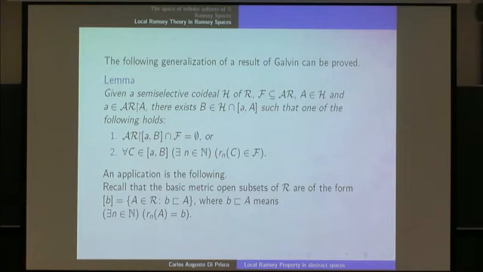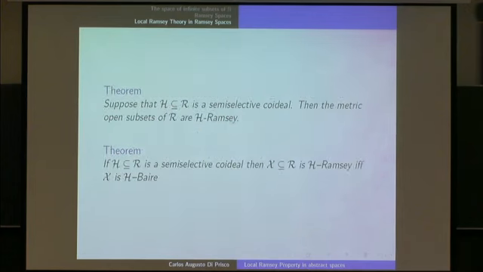With this technical lemma, we can prove that the basic metric open subsets of R, which are defined as you would imagine, are H Ramsey. The open subsets in the metric topology of R are H Ramsey. And also, it can be shown that if H is a semi-selective coideal here, then a set is H Ramsey if and only if it is H Baire.